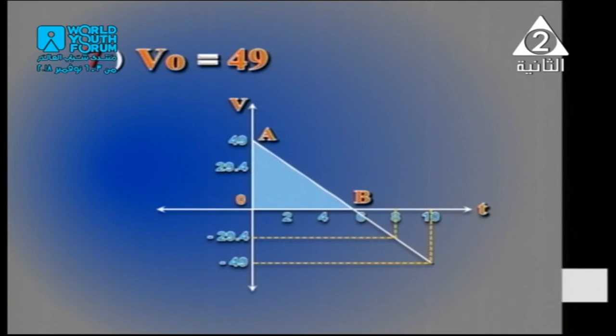At t equals 5, the velocity equals 0. When t equals 8, the velocity equals negative 29.4. When t equals 10, the velocity was negative 49. Why? This is the opposite direction, or retardation.